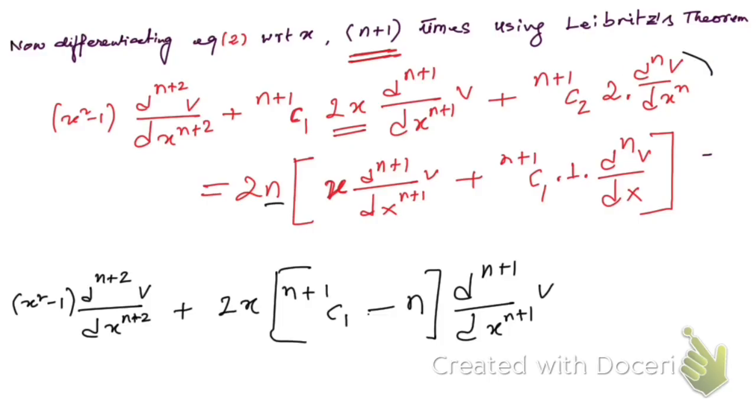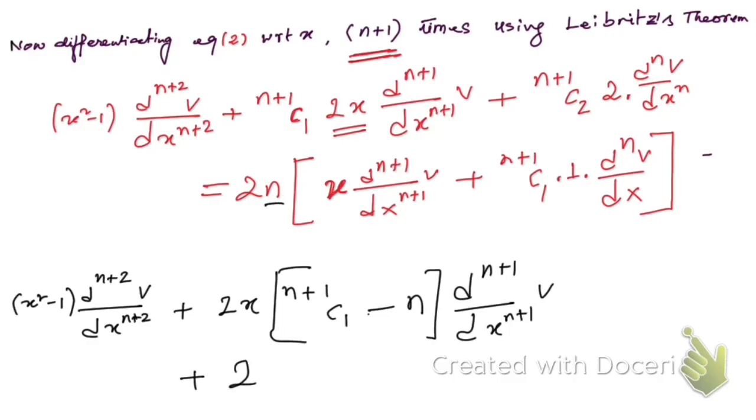Similarly, we can take this part common from these two terms, right? And on taking common, if you bring this term to this side of the equal sign, then this plus sign will be negative on the left hand side, right? And then we can take this part common, right? So then what we're going to have here, plus 2 into, because we have 2n here.